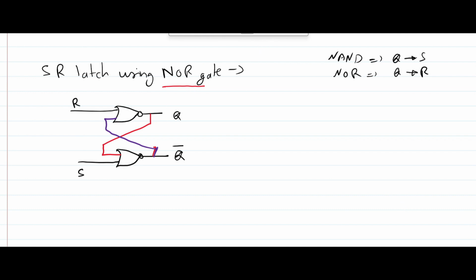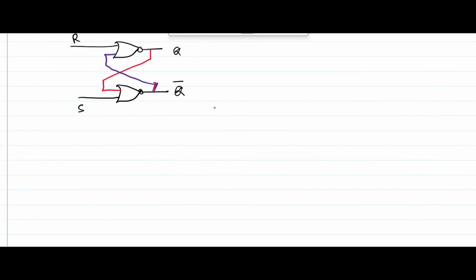Now to see the working of this SR latch using NOR gate, we will first see the truth table for NOR gate.